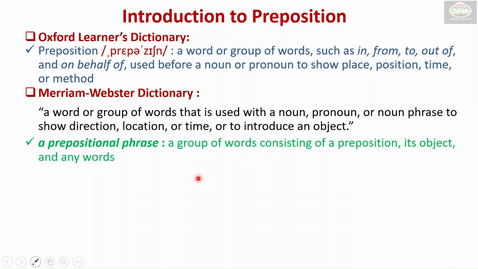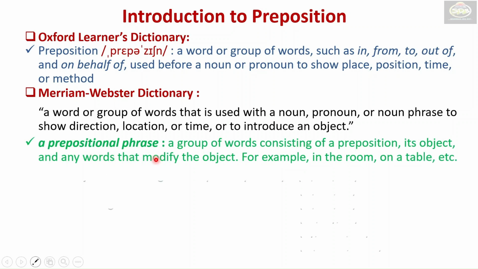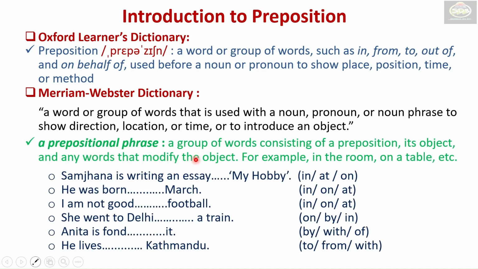Similarly, a prepositional phrase refers to a group of words consisting of a preposition in the beginning, and after that there is its object. For example, in the room, on a table, in the house. These are some examples of prepositional phrases.